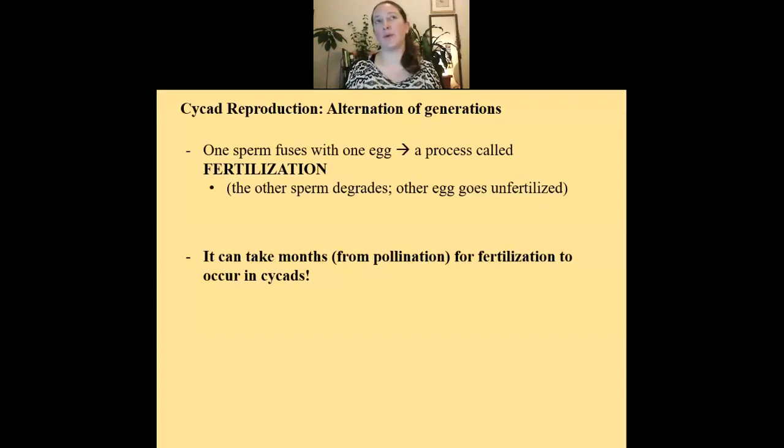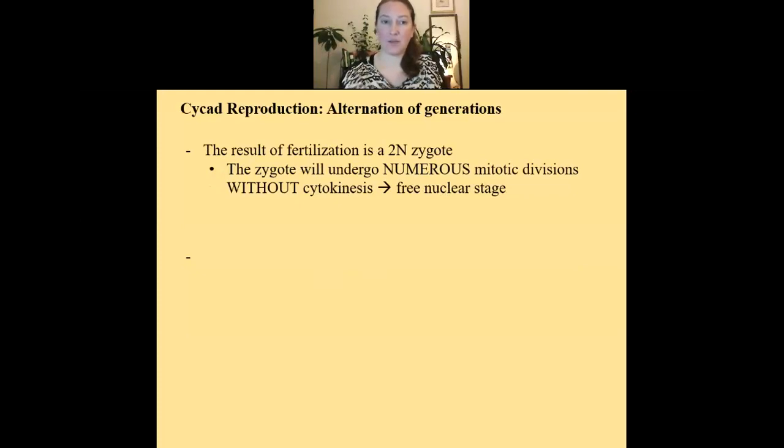Do you guys remember way back in lectures where I would always say you have mitosis and cytokinesis, or meiosis and cytokinesis, and cytokinesis happens usually but not always right following mitosis. Now we're going to actually see an example of that. So when the egg and sperm come together in a cycad ovule, the result is a 2N zygote, just like we've seen before.